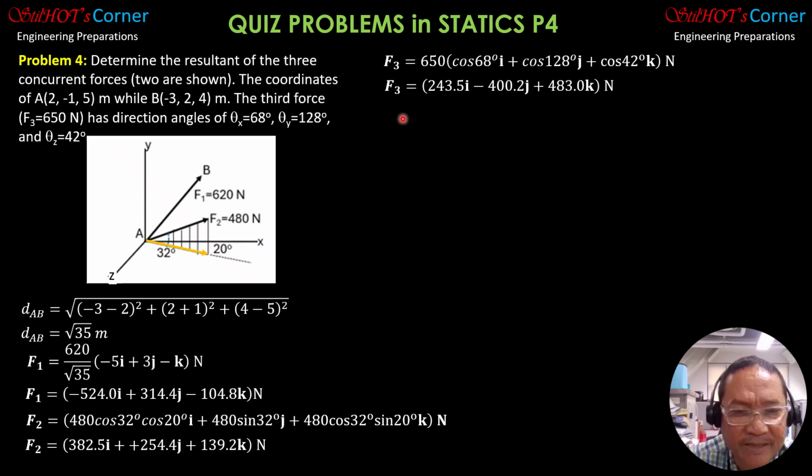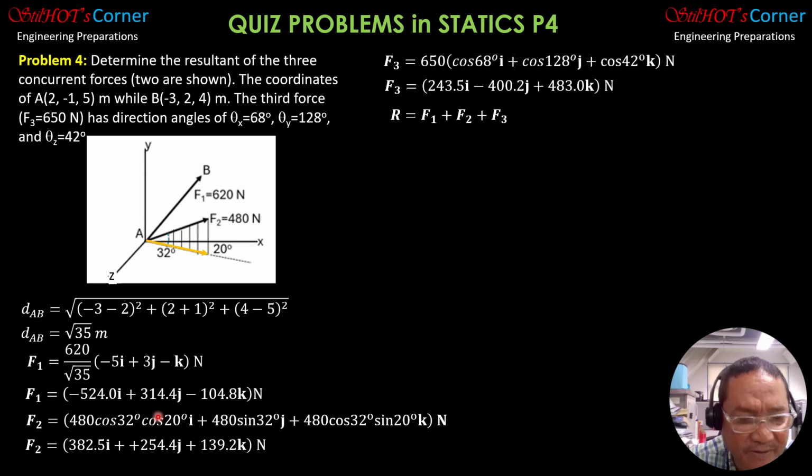The vector sum is R equals F1 plus F2 plus F3. These are vectors. So F1 plus F2 plus F3 in vector form would be sum of corresponding components. So for i, it is negative 524 plus 382.5 plus 243.5, then i.